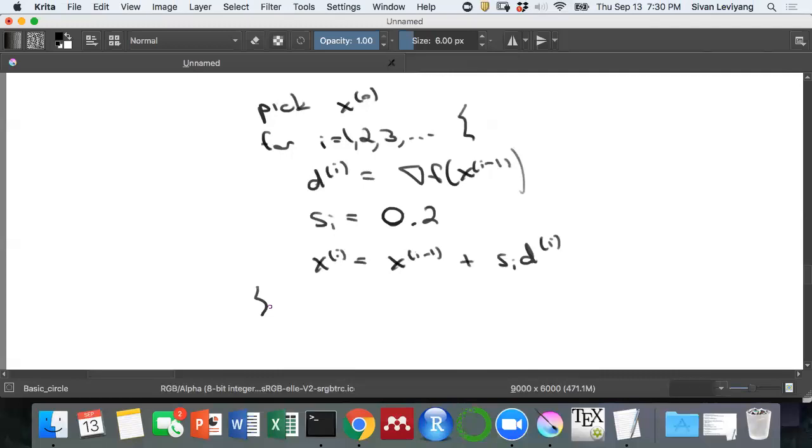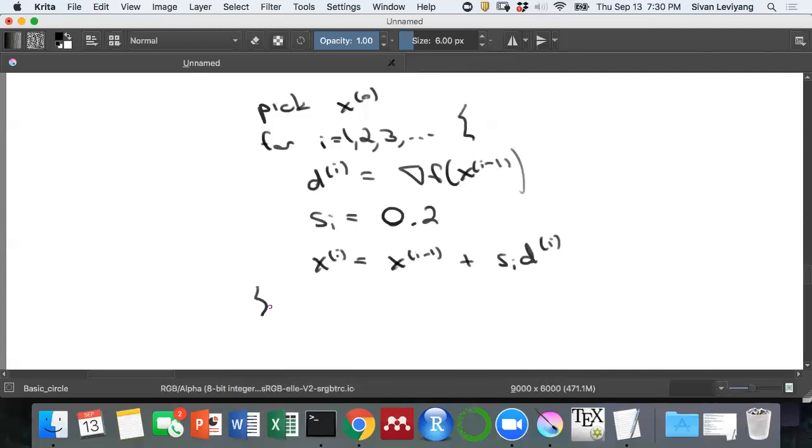So setting the step size to 0.2 has not much meaning if you don't normalize the gradient, because you're not going to be taking steps of length 0.2. You're going to be taking steps of length 0.2 times the size of the gradient. If the gradient is really big, you will take an enormous step, and maybe that's good. It's not the case that everything will fall apart. It might be okay, especially if you use backtracking.